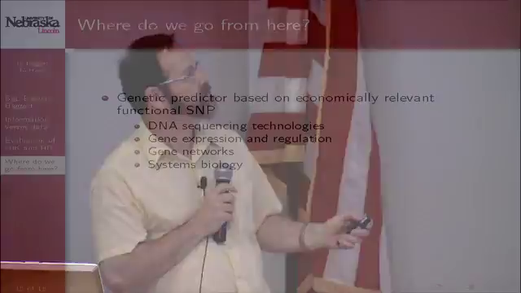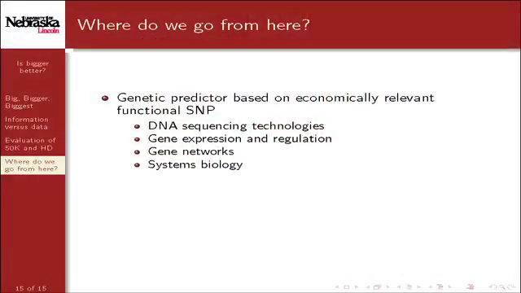And so part of it is, where do we go from here? I borrowed quite a bit from Warren's talk that he gave at BIF. What we really want is to end up with a genetic predictor based on economically relevant functional SNPs. I think that would be the ideal.